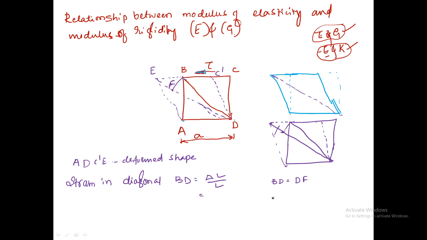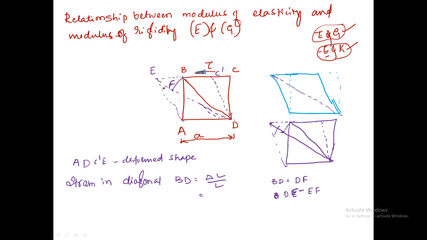So now how will we find out the change in length here? Delta L. So delta L is what? It is DE minus EF, the change in length. Do you agree with this? Change in length is what?